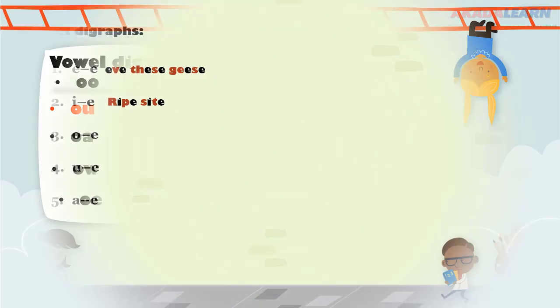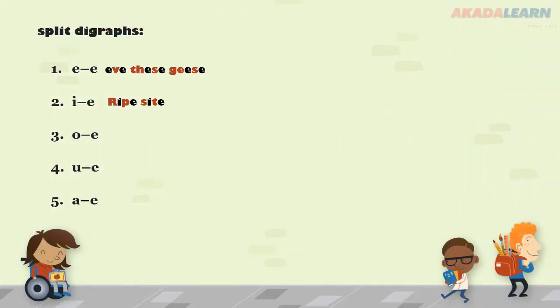Alright, now you see OE here in number 3. OE is also a split digraph. Okay? That means sometimes it is separated by a consonant letter in between, but it still makes that O sound. For example, these are the words rope and remote. R-O-P-E spells rope.